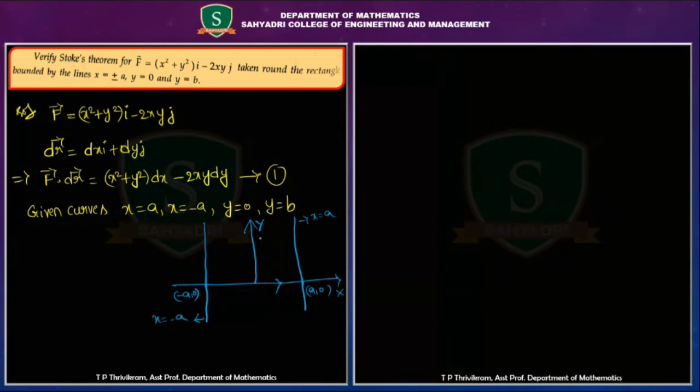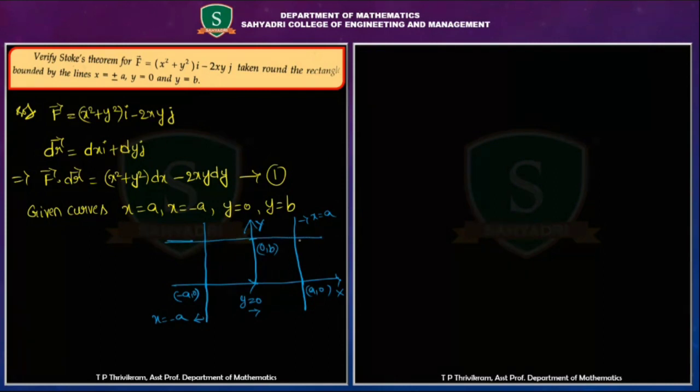Similarly, y equal to 0 we have done, so this is nothing but the x axis. This is x equal to a we have written. Next, y equal to b is a line parallel to the x axis. So this is 0 comma b, and you have to draw a parallel line through this.